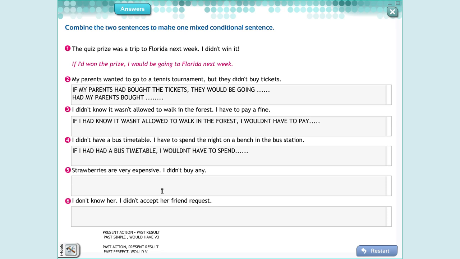So let's try. If strawberries hadn't been so expensive, I would buy some.